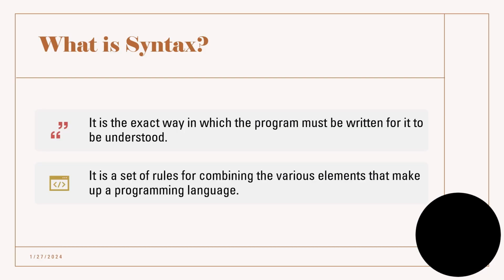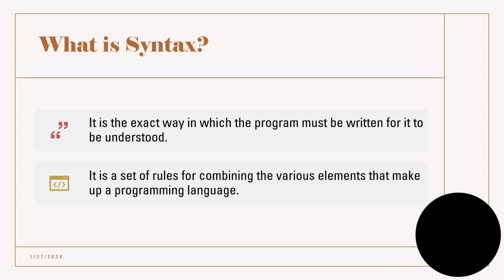What is syntax? Syntax is the precise way that a computer program must be written for it to be understood. Remember that in writing your program, there are rules for bringing together all the elements. Failure to comply with the rules will produce an error, and the program will not run because the compiler or the interpreter will not understand the code.